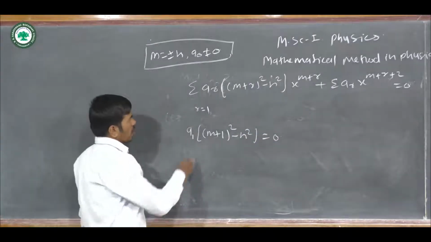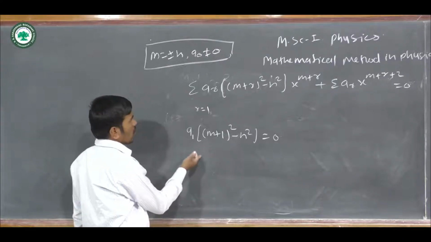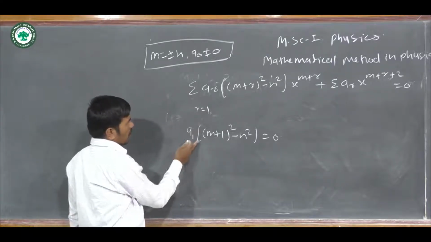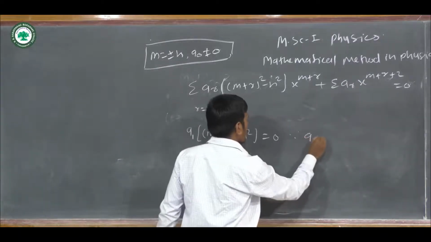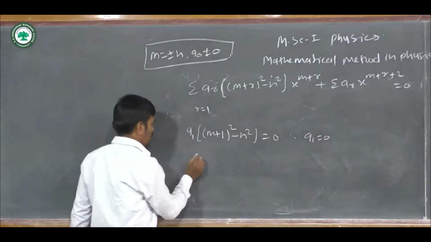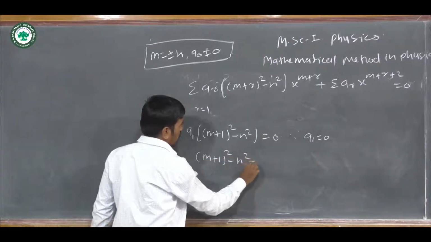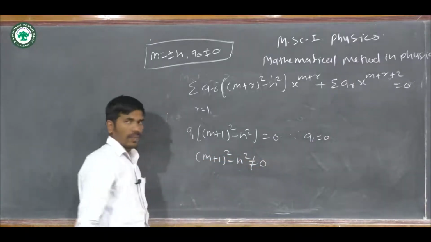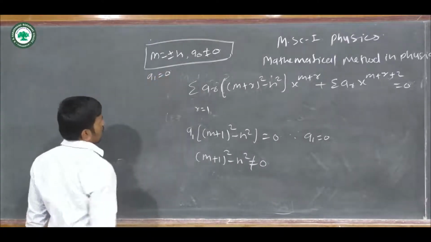Okay, so we equate the next lowest degree term to 0. Here r is equal to 1, so a1 is equal to 0, since (m plus 1) bracket square minus n square is not equal to 0. Okay, so here a1 is equal to 0.